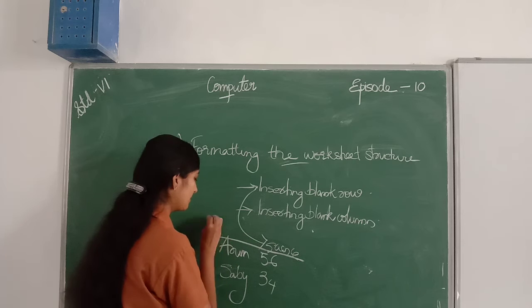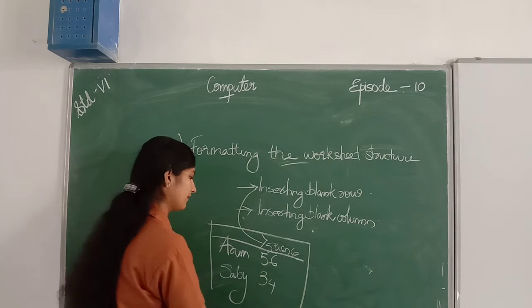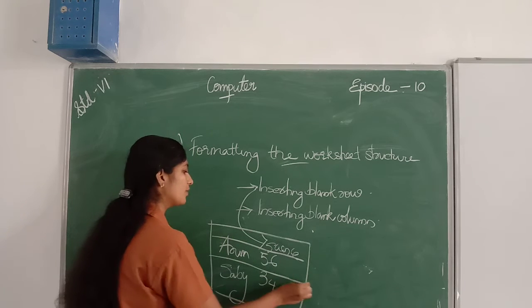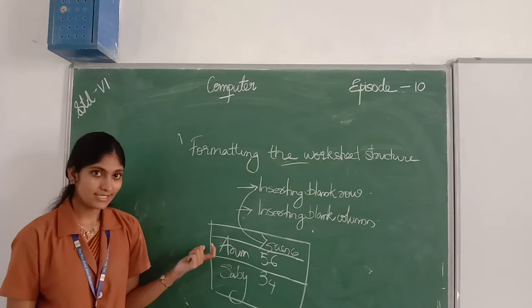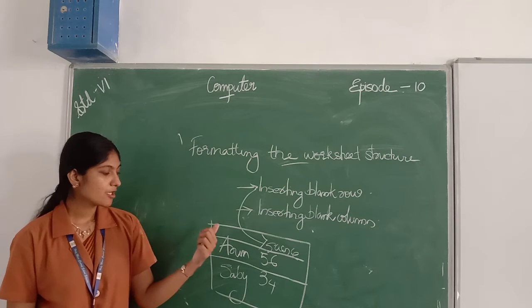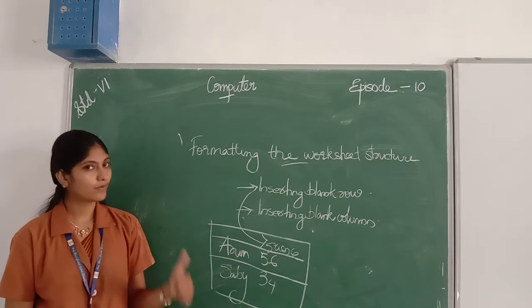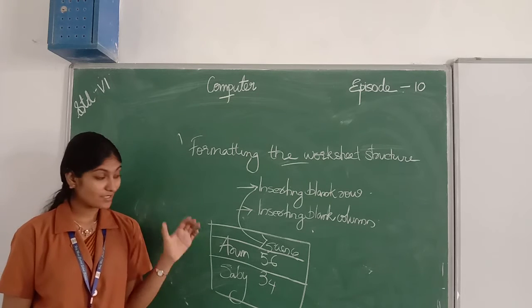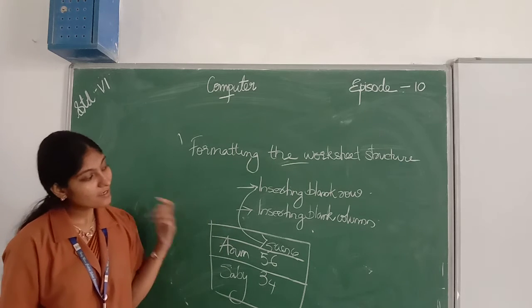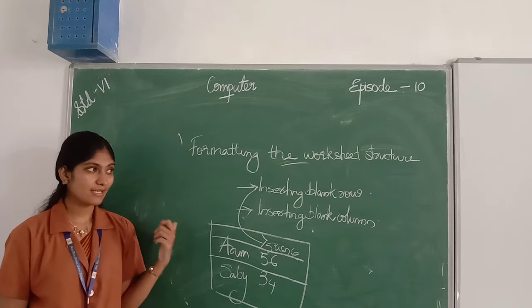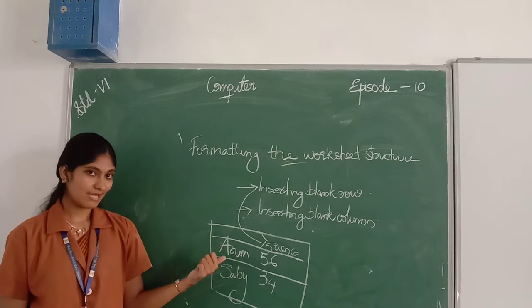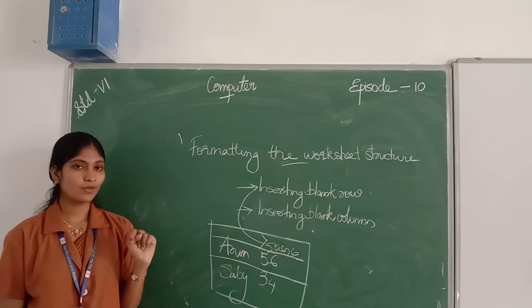So here is the table, and if you want to insert a row before the name Arun, what will you do?